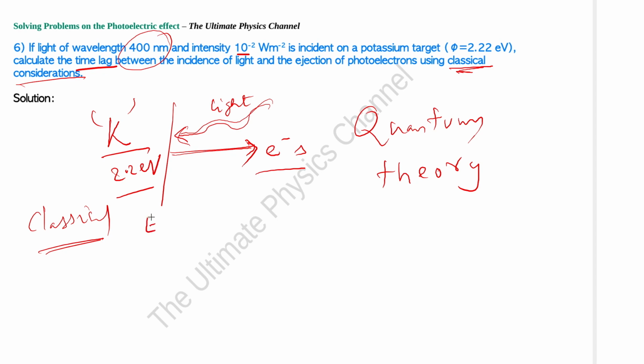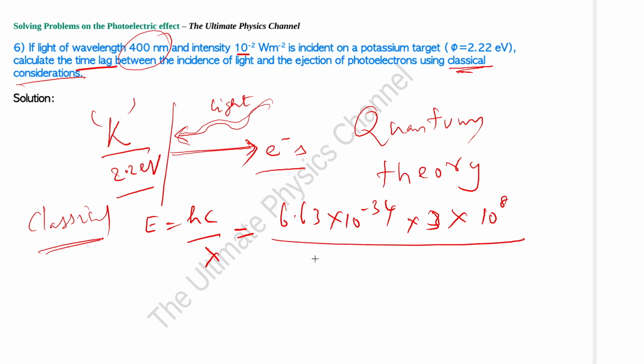So E is equal to hc over lambda. Lambda is 400 nanometers. So I'm going to quickly plug in the numbers here. For h, for c it is 3 times 10 power 8, over, for lambda, it is 400 times 10 power minus 9.